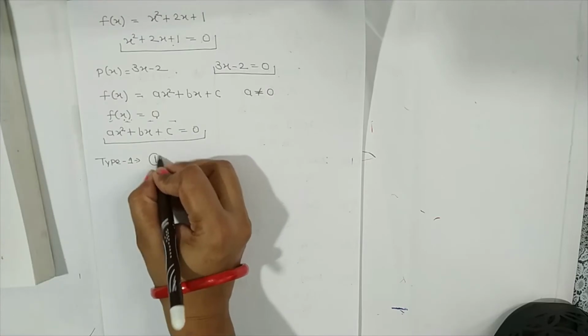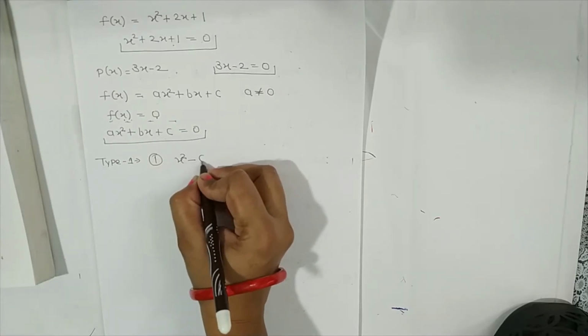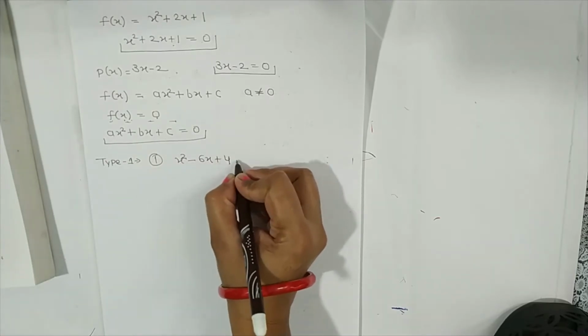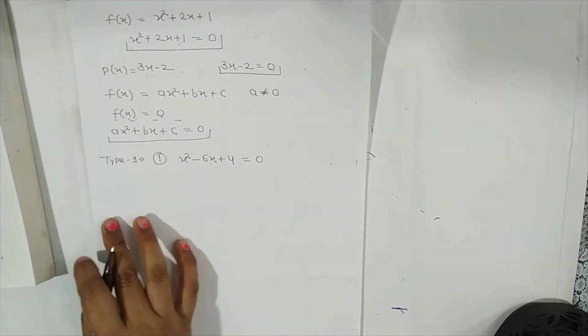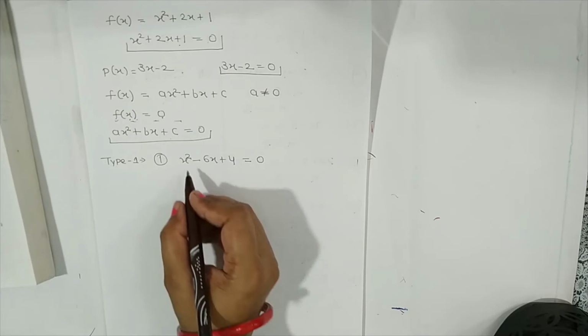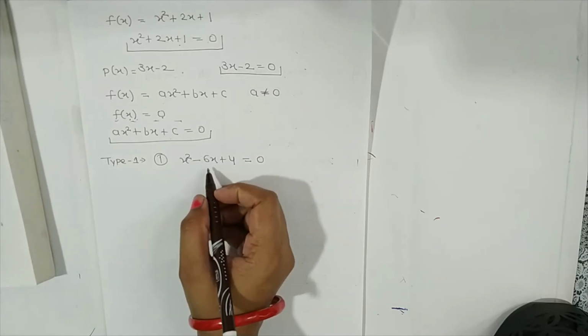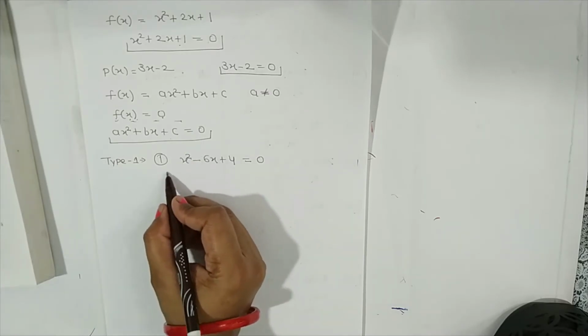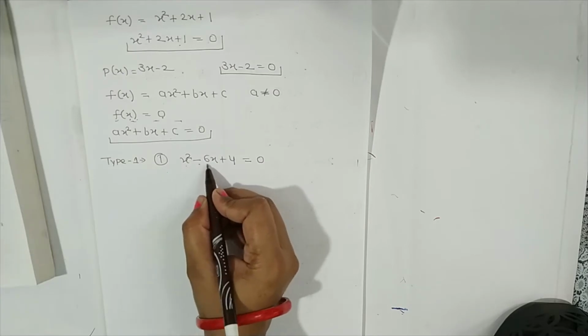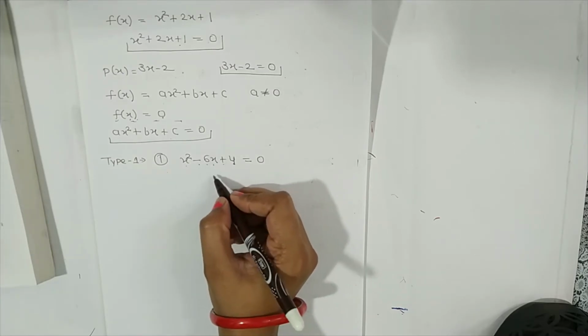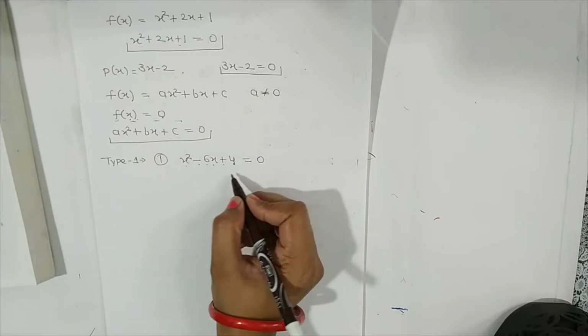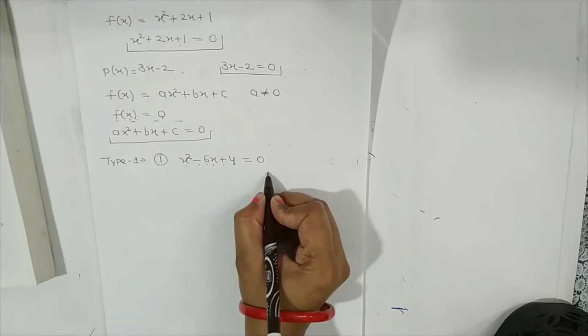First question, x square minus 6x plus 4 is equal to 0. Is this a quadratic equation? Yes, because if I say f of x is equal to x square minus 6x plus 4, it is a quadratic polynomial. If I equate it to 0, it is called a quadratic equation.